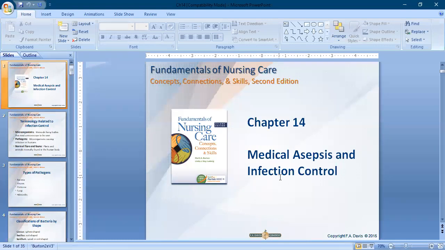This chapter is talking about the sterile technique, where we make sterilization, or free from all pathogens and their spores.